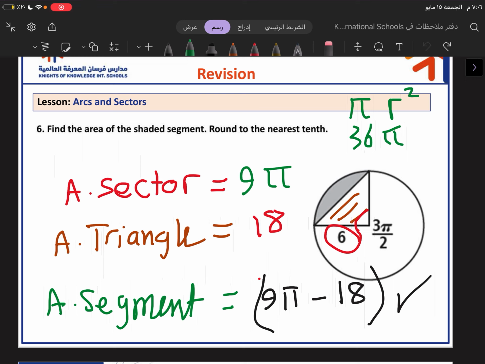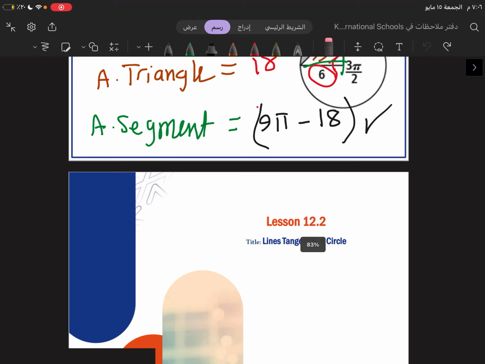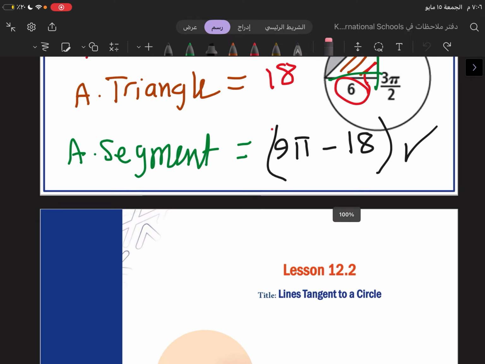This is the full circle. Because it is a quarter circle, I will divide it by 4. Divide by 4 gives me 9 pi, the same answer as you see. Are we good, my dear student? This is all about 9.1.